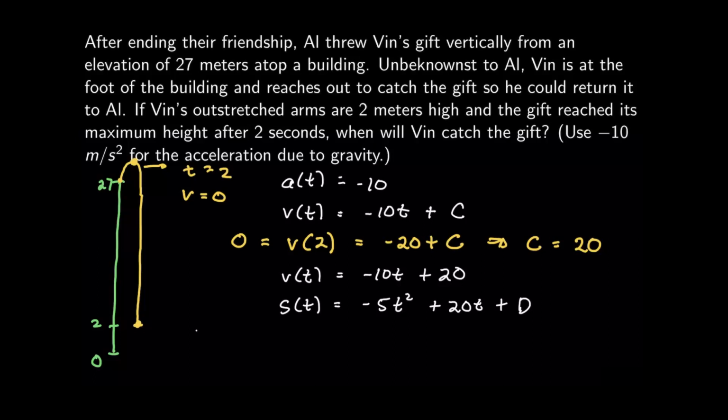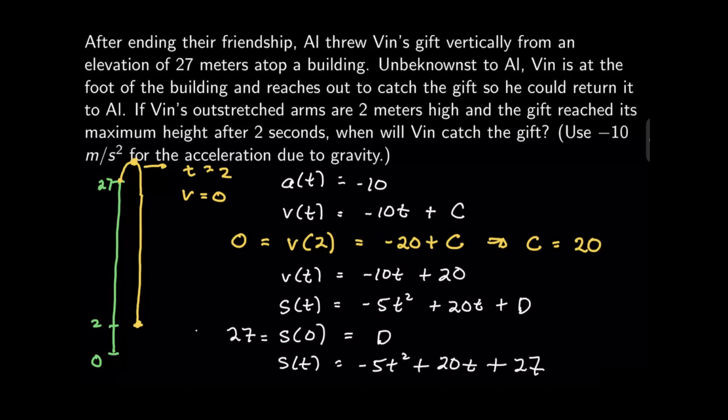So again, let me just write it down. S of 0 is equal to 27. And when you substitute t equals 0, everything here will be 0 and you will be left with d. So we have s of t is negative 5t squared plus 20t plus 27.